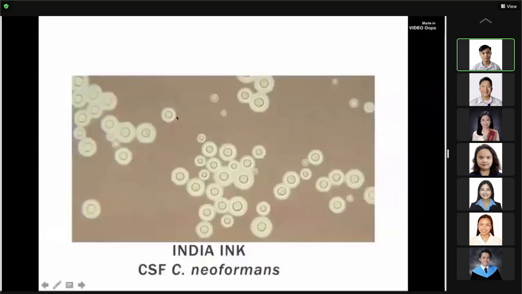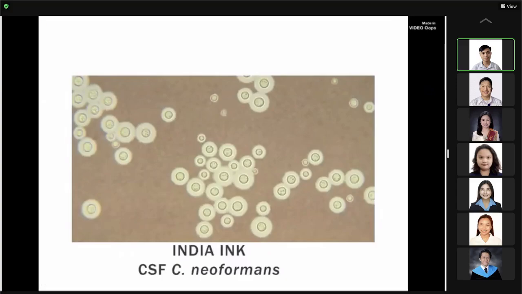Nahaharangan niya, and so nadidelineate niya. The color can range from as light as this, medyo brown, to talagang black. So ito ang capsule. This is the organism. So ang nasa stain yung background, not the organism.